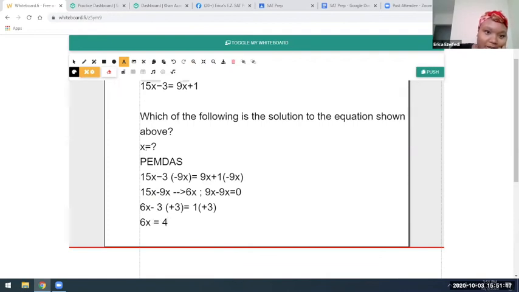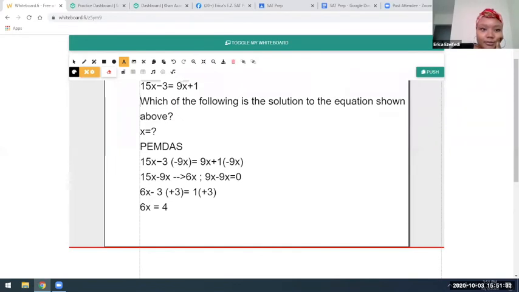Okay, we still don't have the format that we're looking for, x equals blank. So what's the next step we do to try to get to that format? We divide both sides by 6.